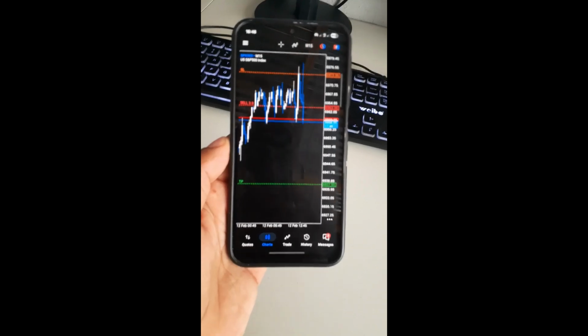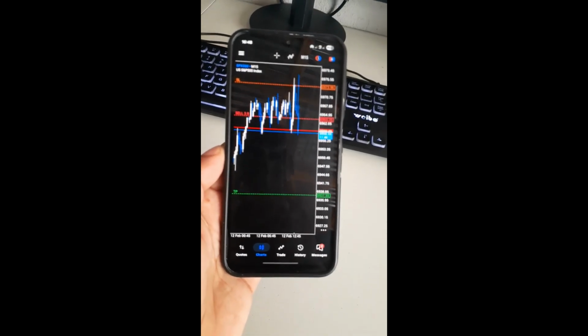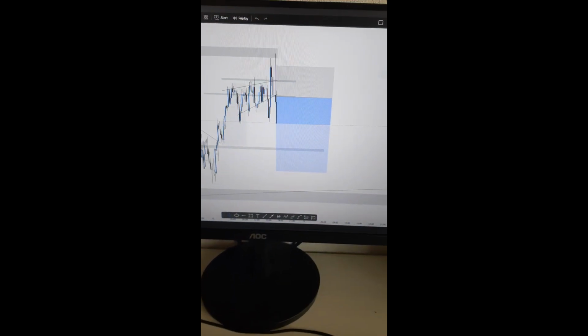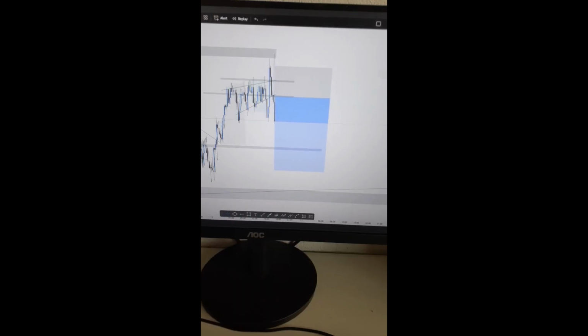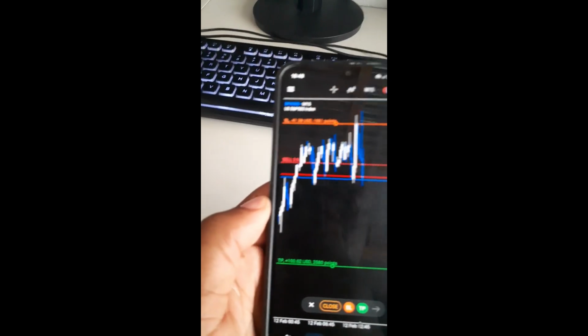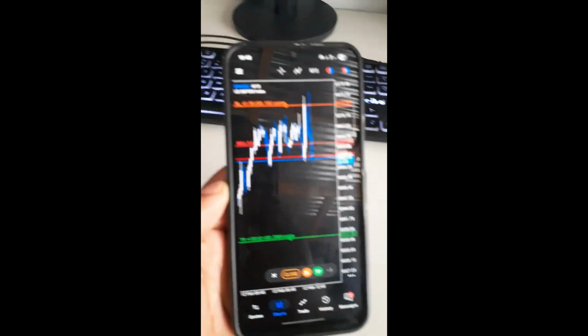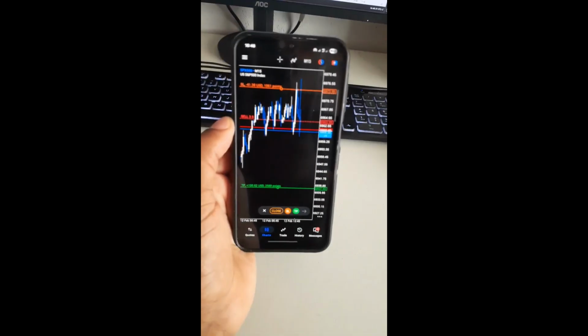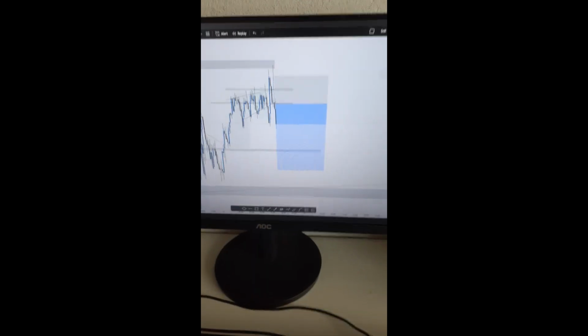The 15-minute time frame closed below, so now I took sales here. As you can see, I'm in sales, and this is the setup. So I was waiting for the market to pick a direction, then yeah, we went for sales. And the take profit here, if you go to TP, it's $100.